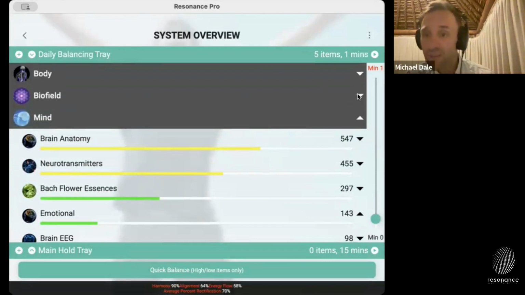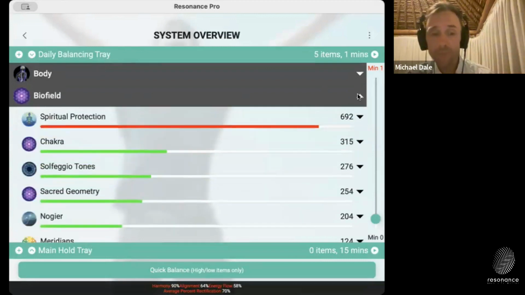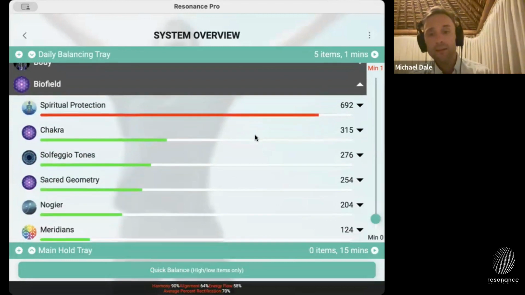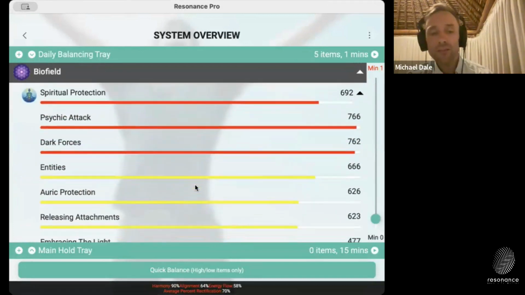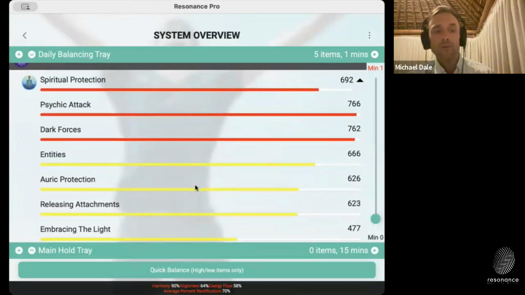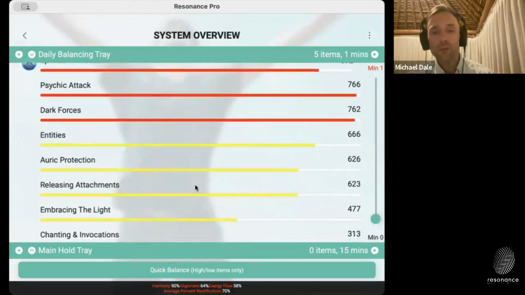And also the biofield is a fascinating category for me. Here, particularly if your client has a spiritual inclination, the spiritual protection category is very interesting. Some people feel like they desire some kind of protection.